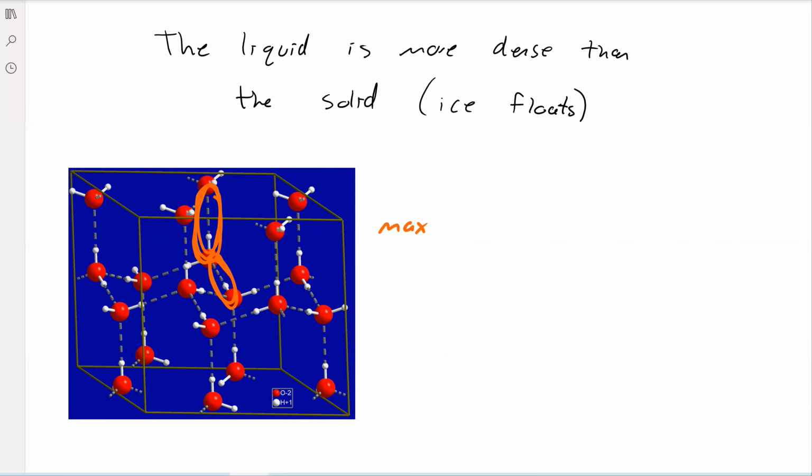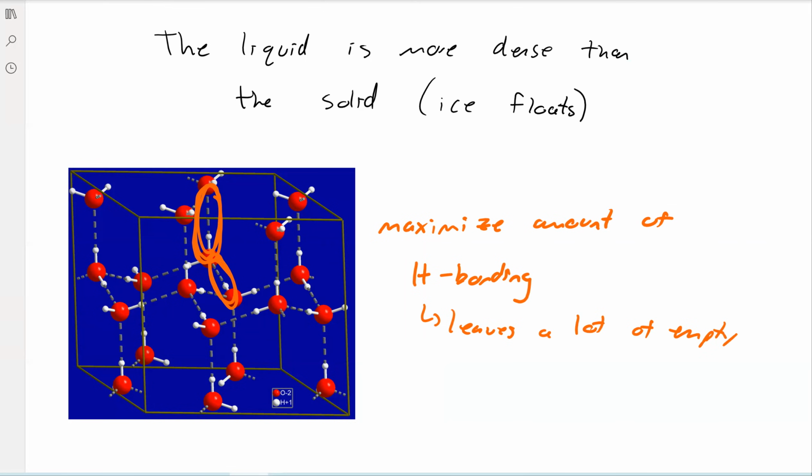And so when it forms ice, it's going to form it in a way to maximize the amount of hydrogen bonding. And as a consequence of that, as you can see in this picture, there's a lot of empty space. And since there's a lot of empty space, that's a lower density, and hence ice floats. So just a cool little factoid there.